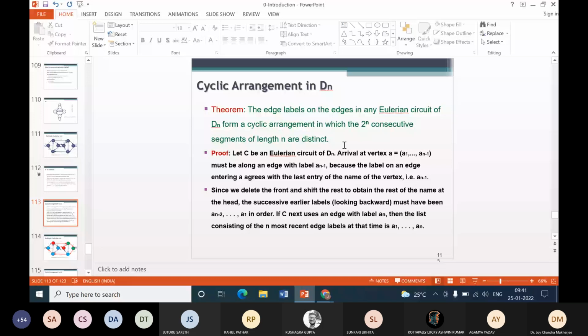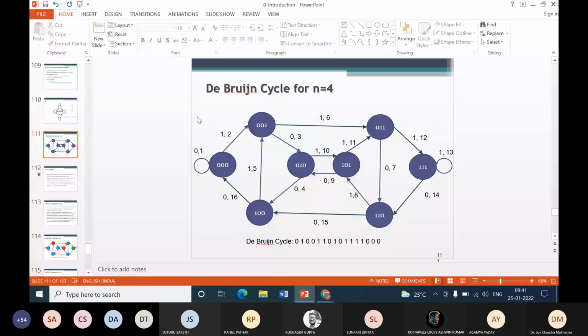The first observation in this graph is that every vertex has, if n is 4, n minus 1 bit combinations, and every vertex is unique. So all 2 to the n minus 1 unique vertex combinations are there.